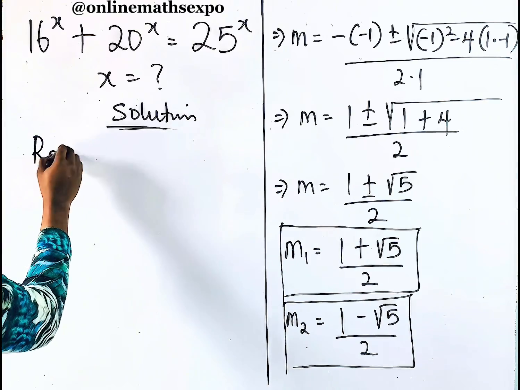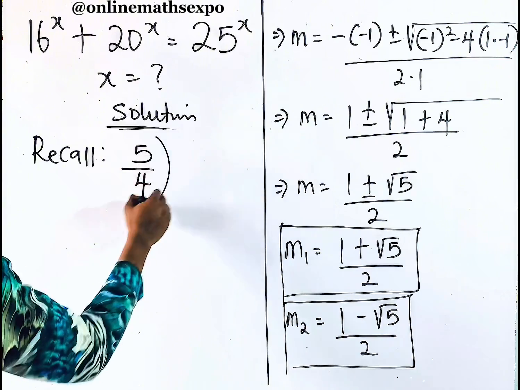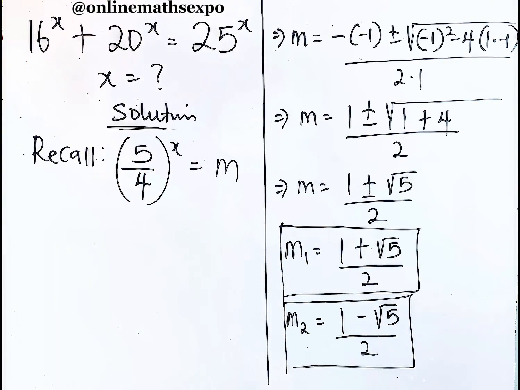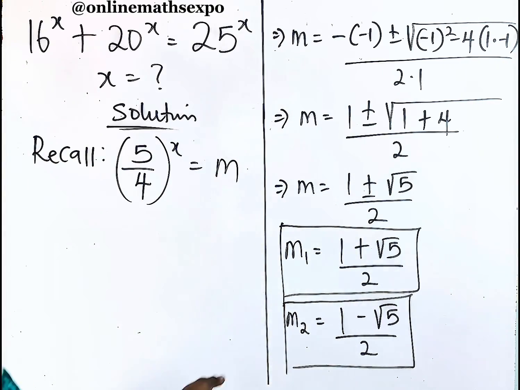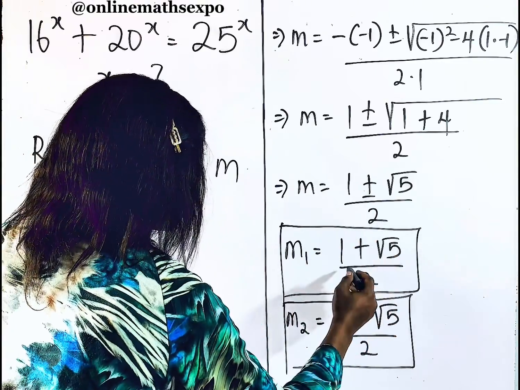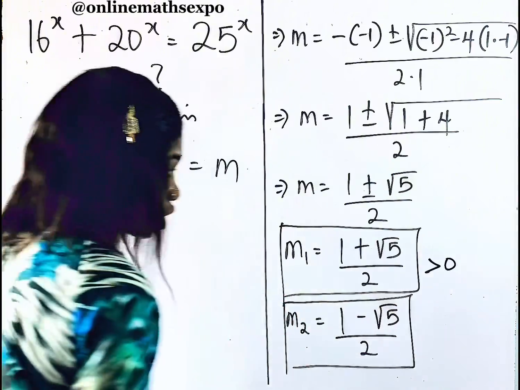So we recall, we said 5 on 4 to the power of x is equal to m. So we are going to plug in this value, but we have to be careful because of these two values of m we have, when we simplify this value, it's going to give us a number that is greater than 0.